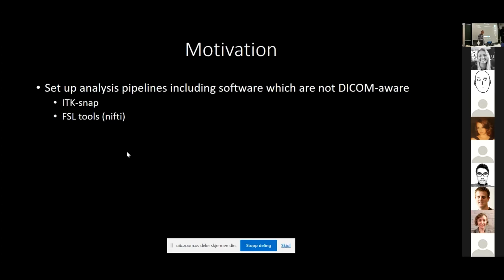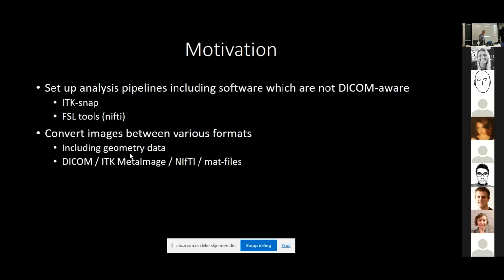So in order to be able to use these different tools in a clinical setting, at least, we need to convert images from what we produce at the scanner into what is accepted by these different tools. And then in the end, we also wanted to have these images back in a clinical setting. So, converting between different formats like Python, ITK, which has MetaImage, and NIfTI.